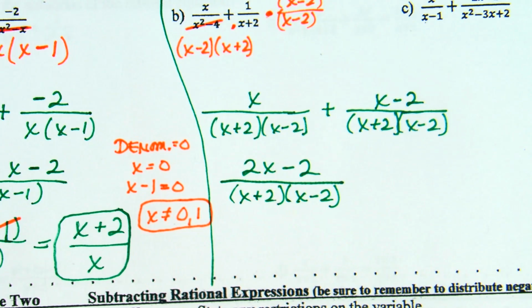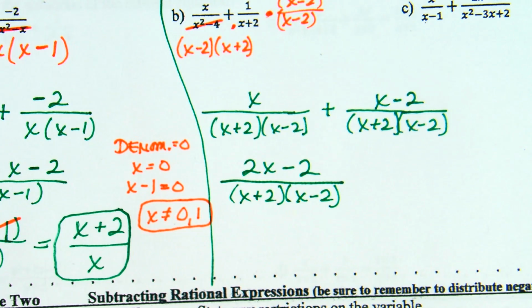Now, can that top factor? Officially, what do we notice about both terms on the top? They have a 2 in common. So let's factor out a GCF of 2 and see what happens.